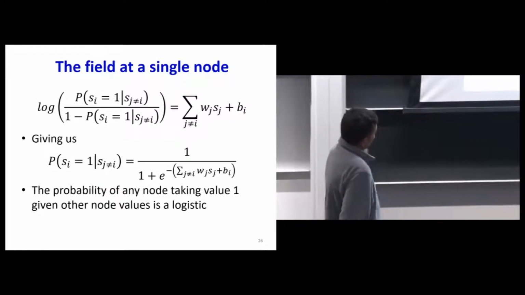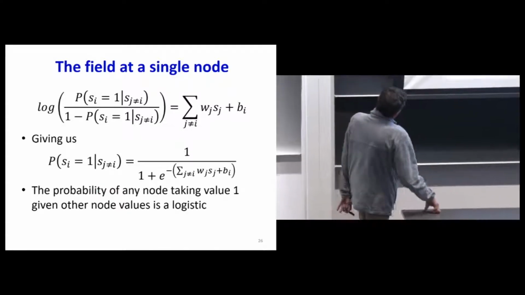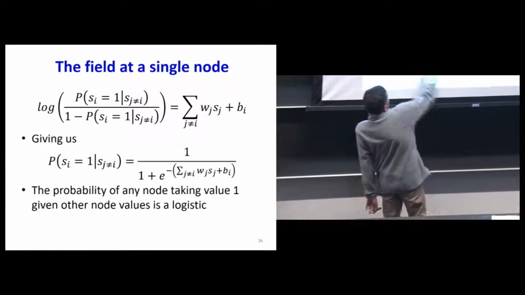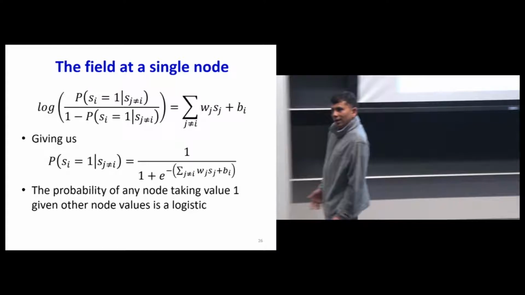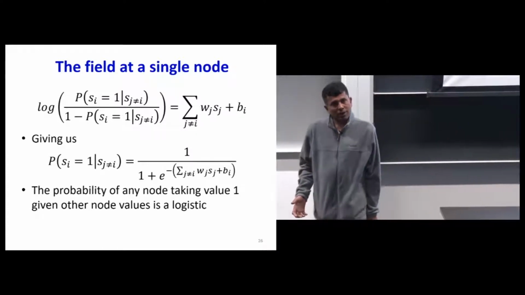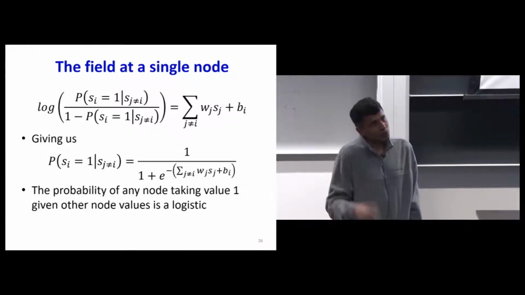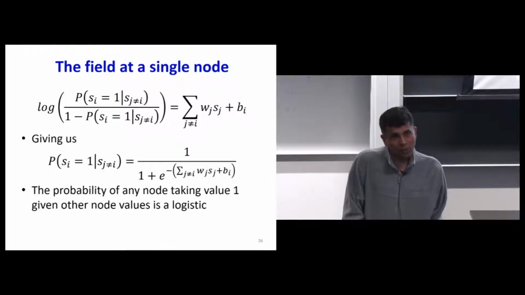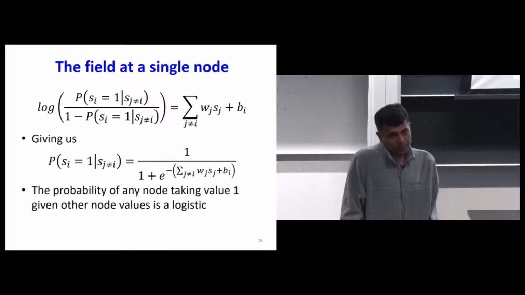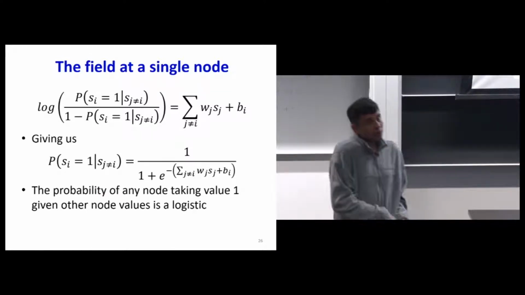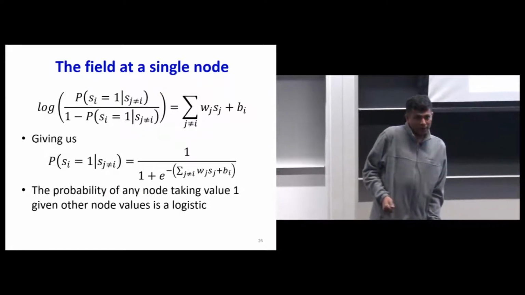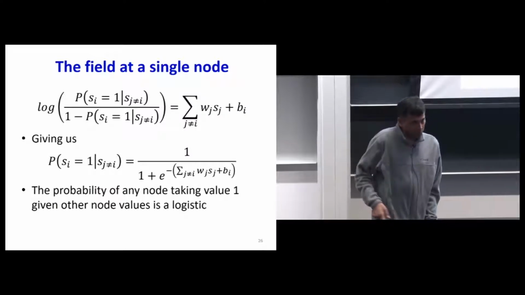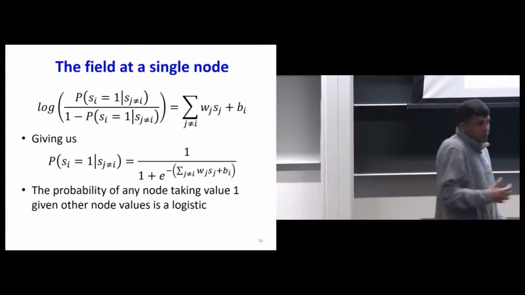So if you work it out, it turns out that the probability of the ith bit being 1 given all the remaining bits is just a logistic. It's a logistic computed where the argument of the logistic is the field at that bit, which is simply the affine combination of all of the other neurons for that pattern.